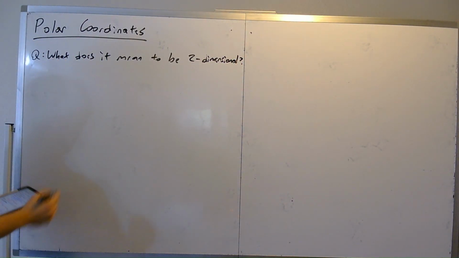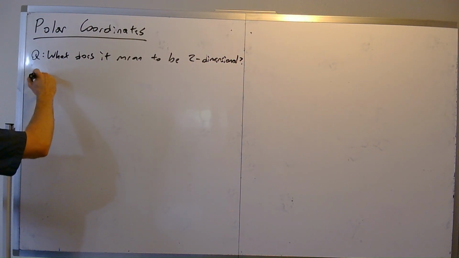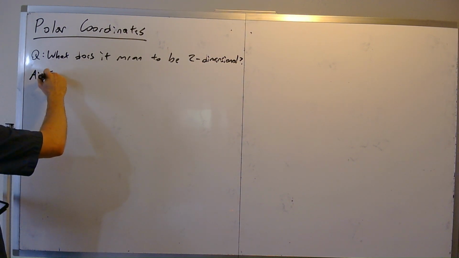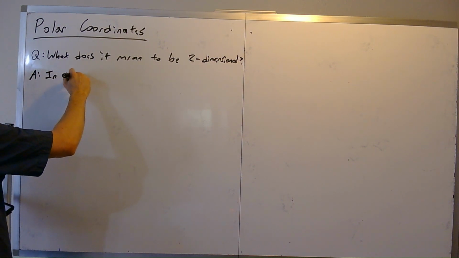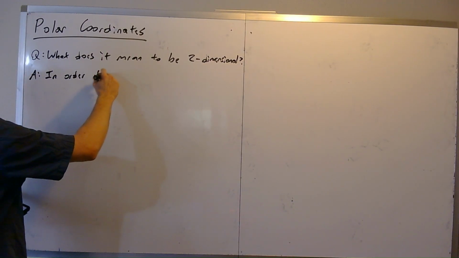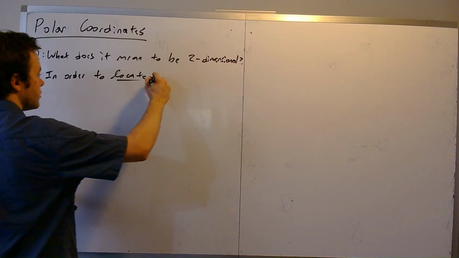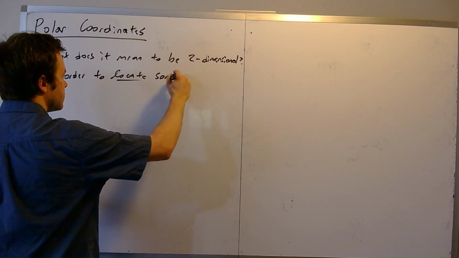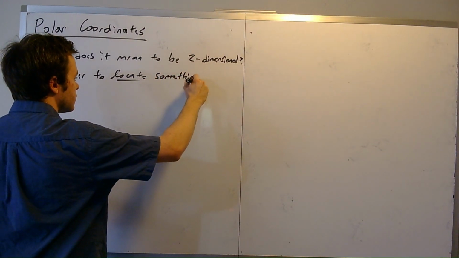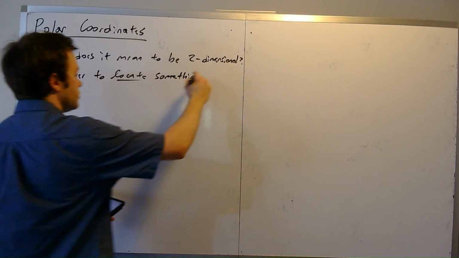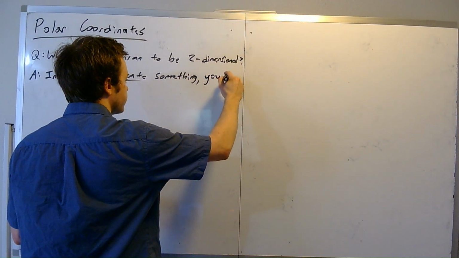Right, and the answer here is that in order to locate something, you need two pieces of information.